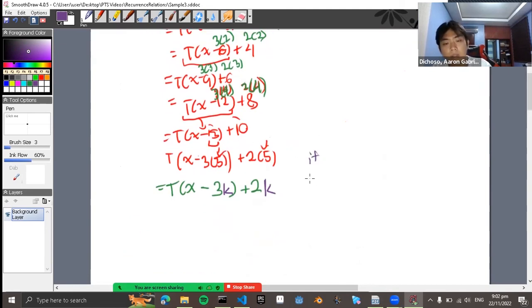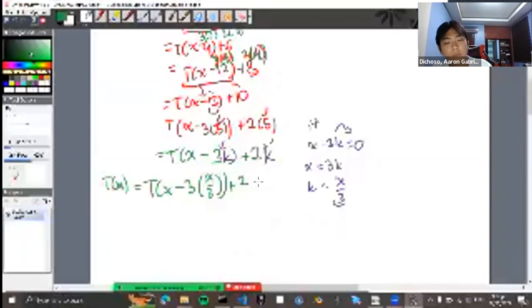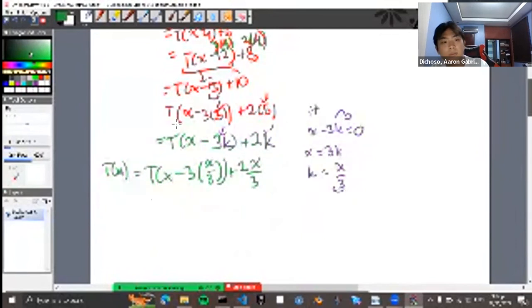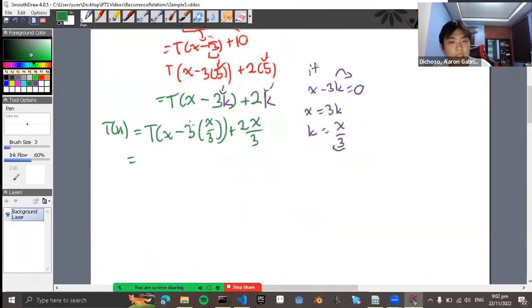So, if x minus 3k equals to 0, we can solve for k. So that means x is equals to 3k, k is equals to x over 3. So let's solve t of x minus 3 times x over 3 plus 2x over 3. This would simplify, cancel these out.